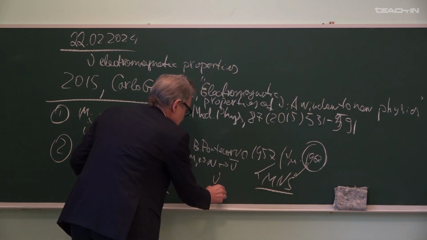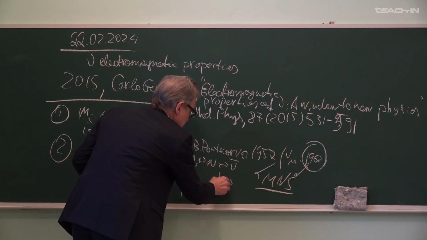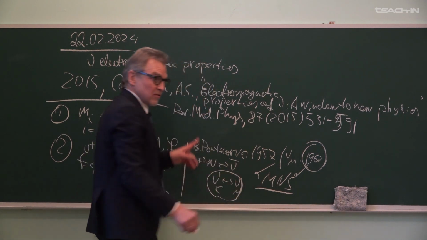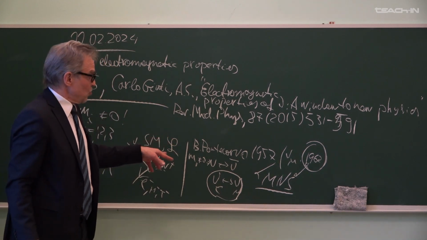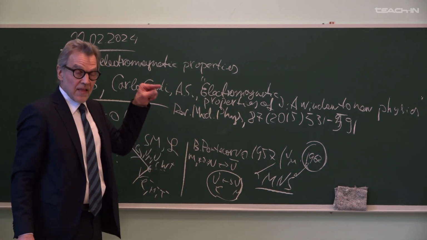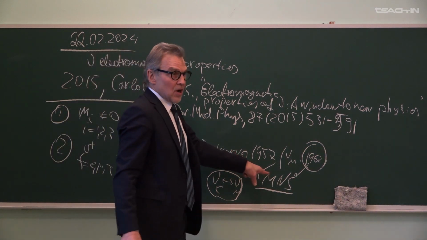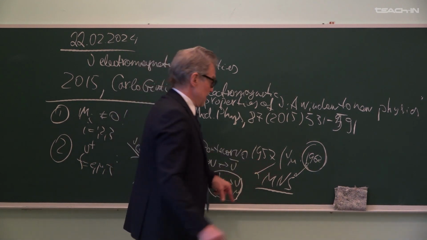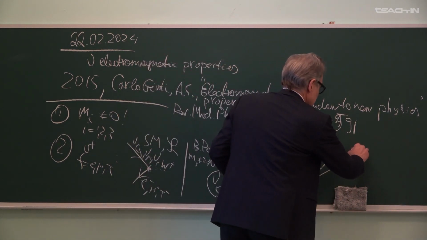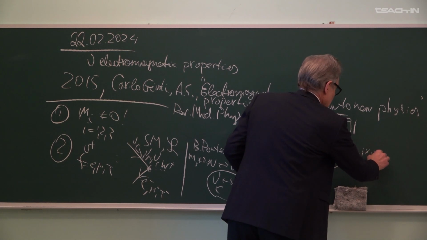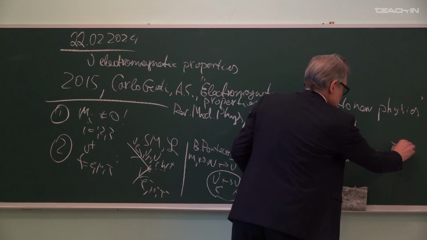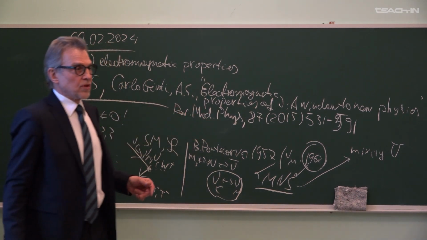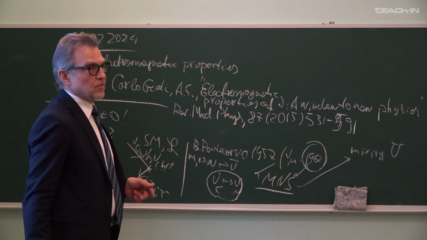They considered mixing, not oscillations, between two different types of neutrinos. And these are the people who introduced the mixing angle. They introduced the mixing matrix U, as we use if we consider two mass states and two flavor neutrinos.